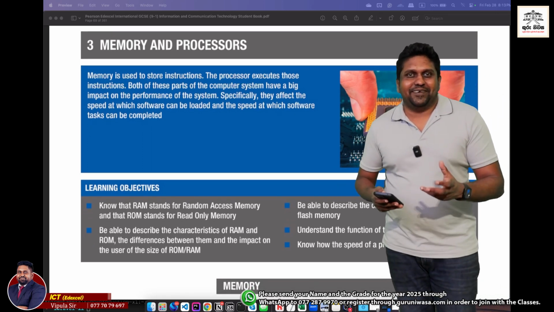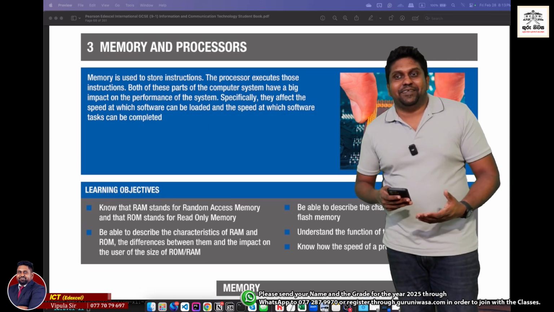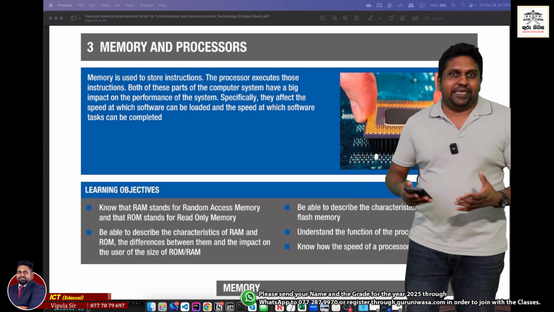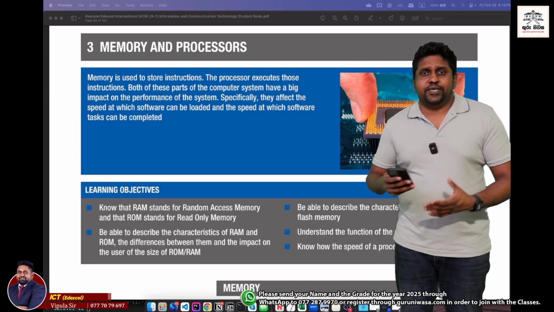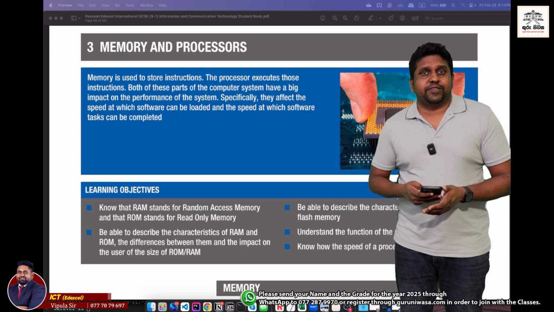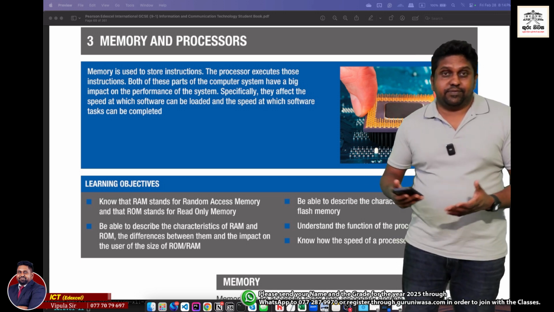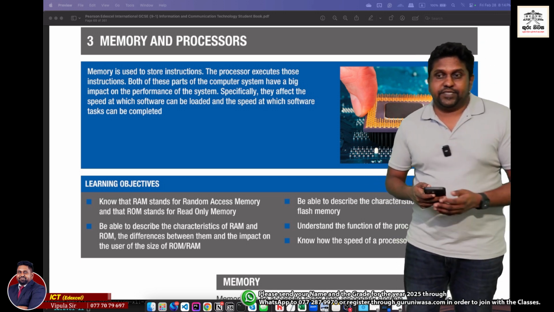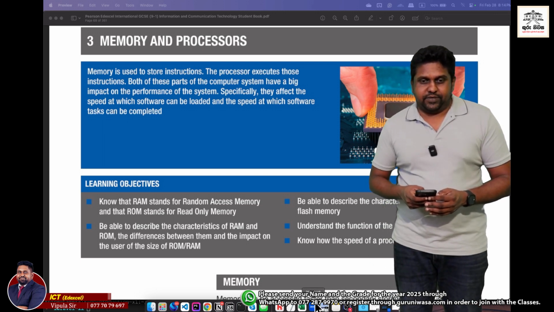But as I have told you guys multiple times, your modules are based on these theory parts. So you will get questions based on specific aspects of this, but these questions will come in different forms. So we just need to make sure that it is covered.